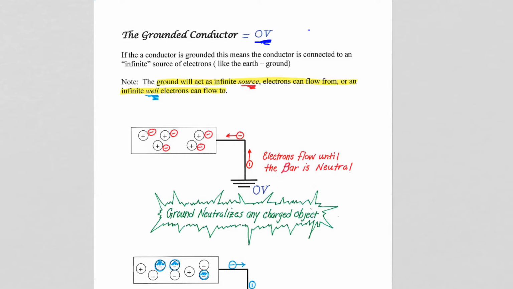Now, as it says here, if a conductor is grounded, what this means is that the conductor is connected to an infinite source of electrons, and that infinite source of electrons can actually be the actual ground, the earth, so that's where the name came from. Now, as it also says here, it turns out that ground will also act as an infinite well of electrons that electrons can flow to.